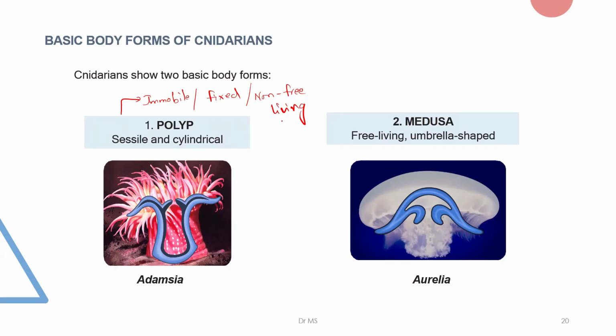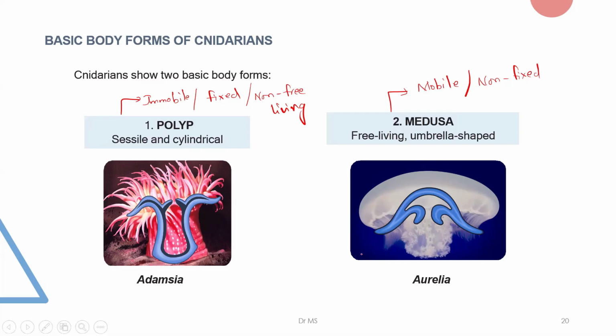Whereas the medusa is free living, or mobile, or non-fixed, or not non-free living. So all these come under medusa. Is that clear? So immobile, mobile, fixed, non-fixed, non-free living, free living will be shown by the opposite forms, the polyp and the medusa.